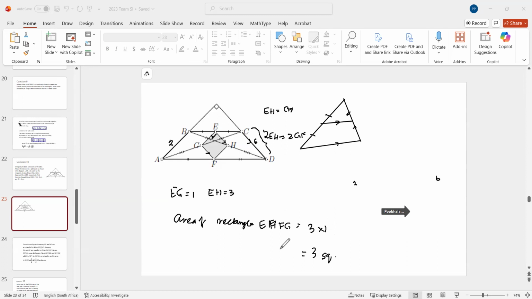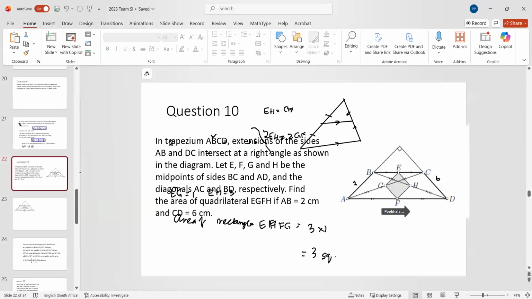I'm not too sure whether they gave you the units. Always must write down the units. Let's see what they say here. You will see right at the bottom, you got these things are 2 centimeters. So the area is 3 square centimeters, because the original lengths were given in centimeters.